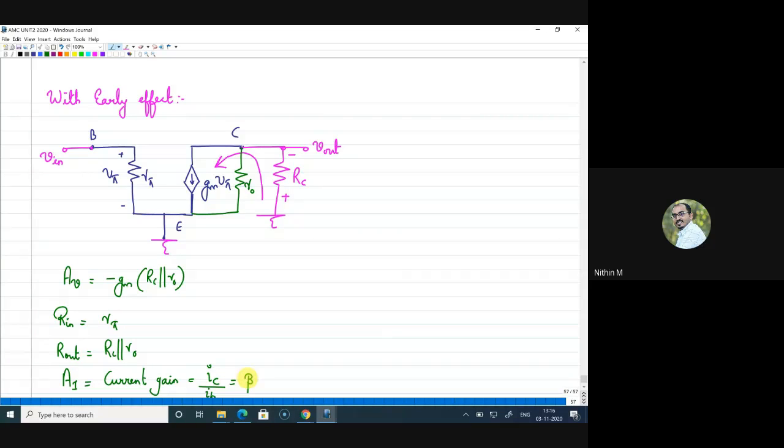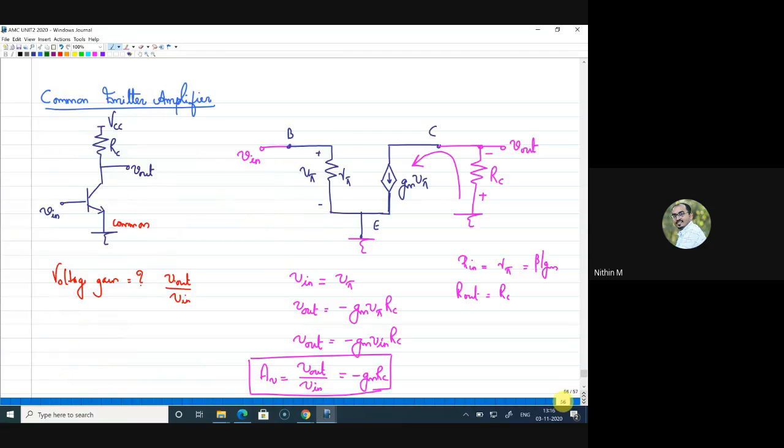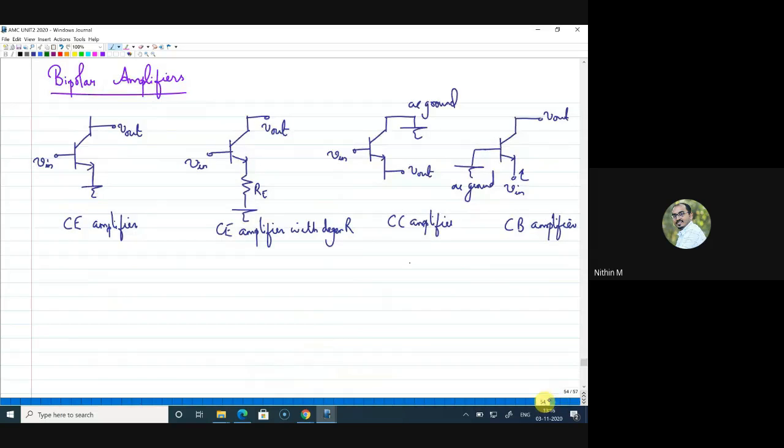That is why we call beta the common emitter current gain. Right. So what I have done is I have taken a common emitter topology and analyzed it using small signal analysis to obtain the voltage gain, input impedance, output impedance, and current gain in the presence of R naught and without R naught.